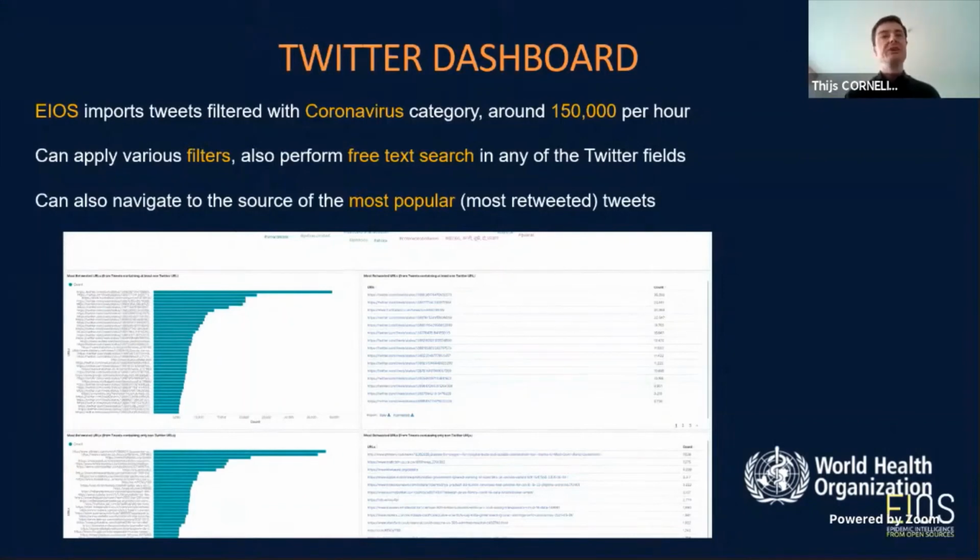So you can, for example, perform sentiment analysis. If you want to know what people are tweeting and discussing about side effects of corona vaccines, you can enter a few keywords in the free text search and you find the most popular tweets. And you can also navigate to the original tweets that are the most popular ones that have the most retweets.